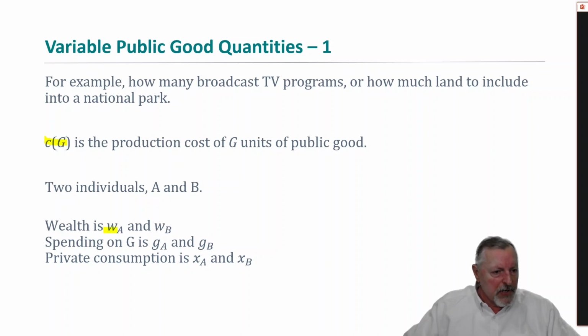The wealth of person A is WA, the wealth of person B is WB. The amount they spend individually on the public good is G sub A and G sub B. Their private consumption, their wealth that they spend on everything other than the public good, is X sub A and X sub B.